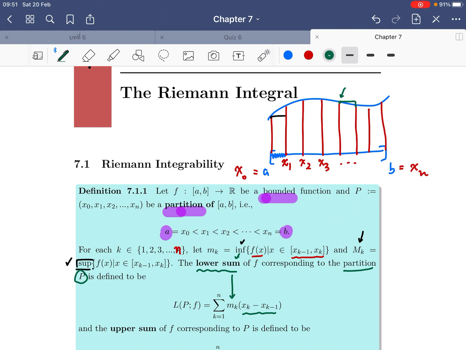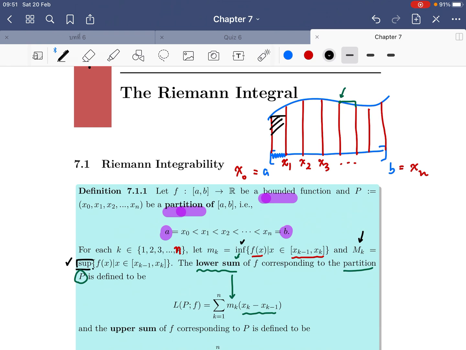We didn't say that each interval needs to be of the same length. It can be of several different lengths, depending on what you like to choose. So this is the infimum of each subinterval multiplied by the length of that subinterval.